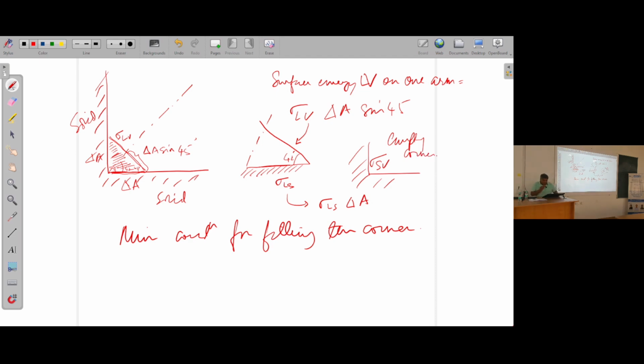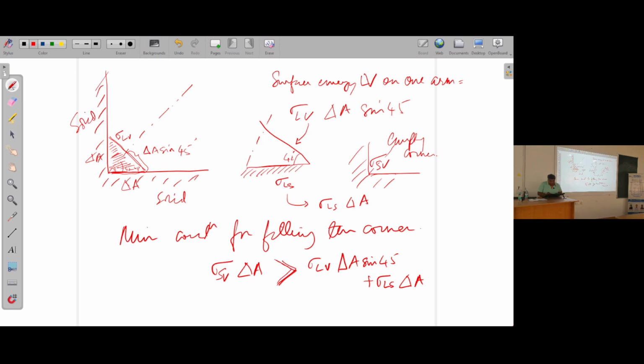So the minimum condition for filling this corner, say half a corner, would be basically that sigma SV times delta A must be greater than sigma LV delta A sine 45 plus sigma LS delta A. So this is the minimum condition.